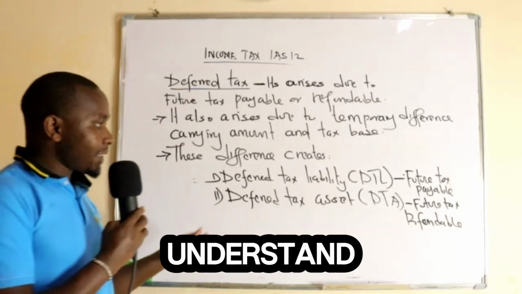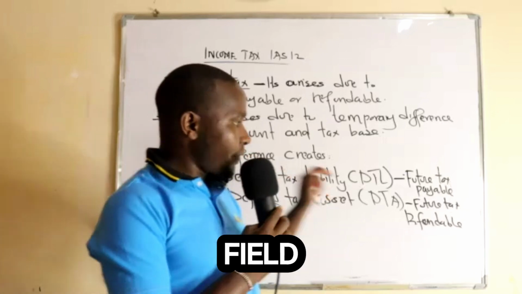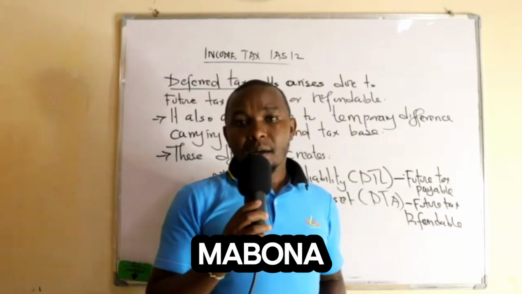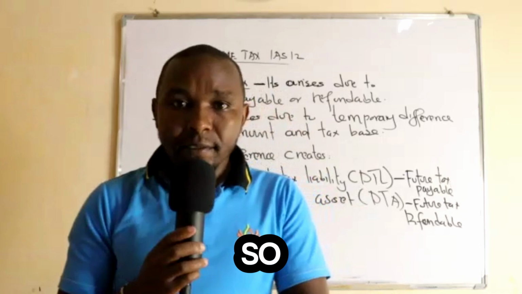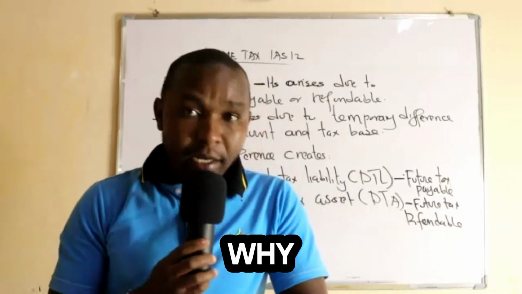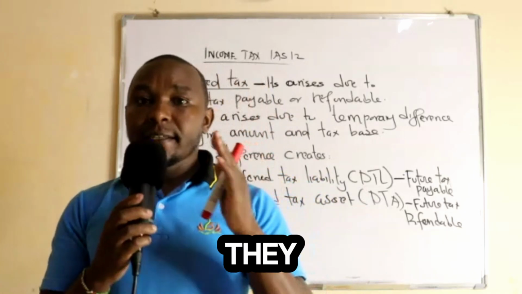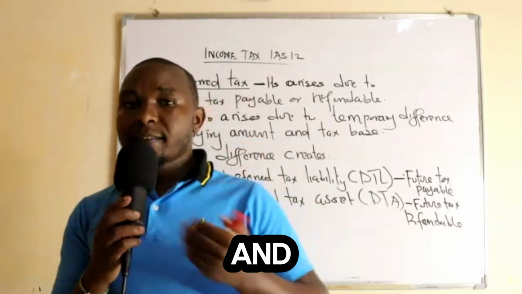So you have to understand this, because even in the practical field, accounting for deferred tax is so challenging to so many accountants. Why? Because they don't differentiate between an asset and a liability.